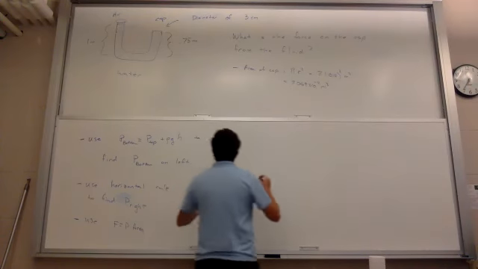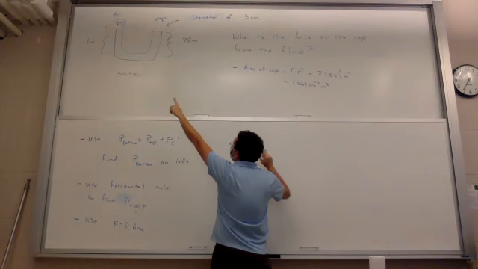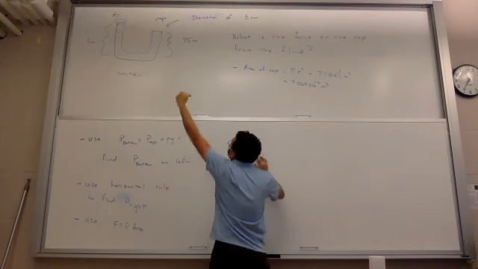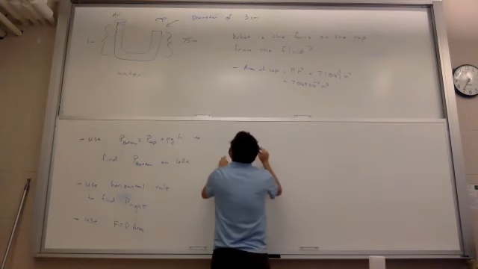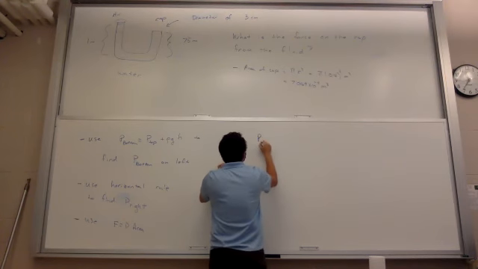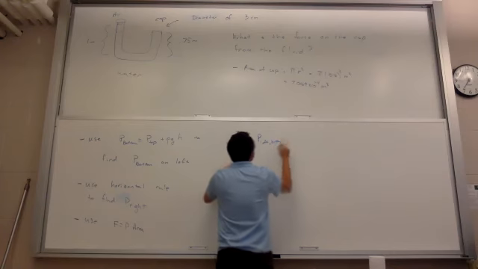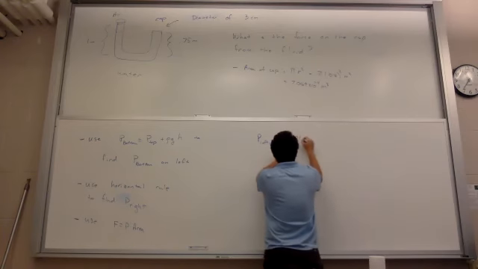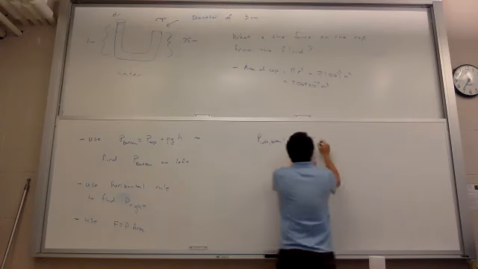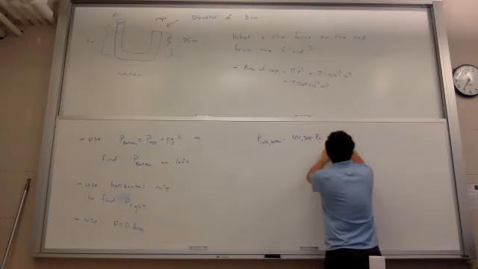Okay, so let's go through this. I first want to find the pressure on the left, at 25 centimeters down. So pressure on the left at the bottom is 1 atmosphere plus the density.